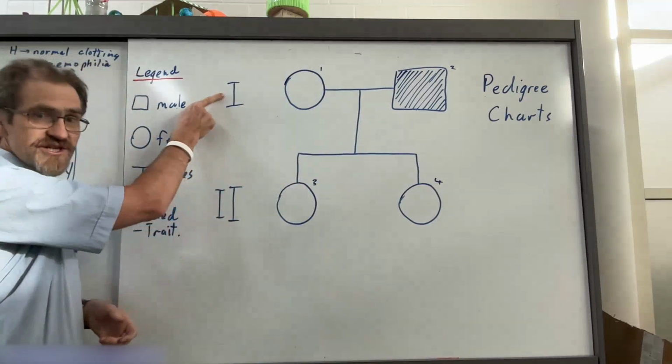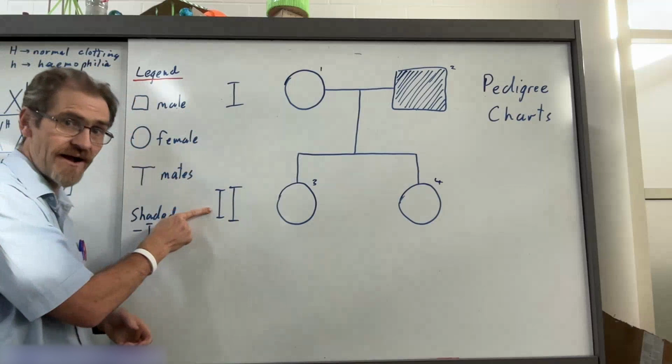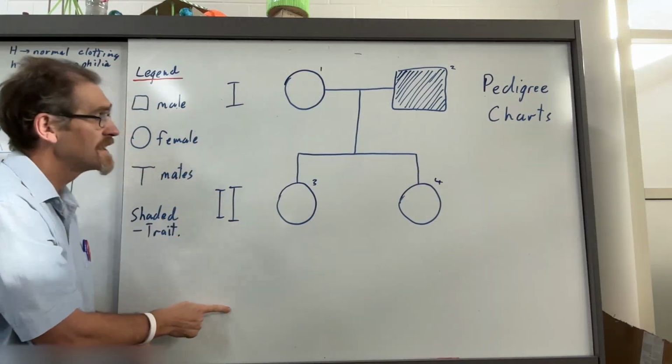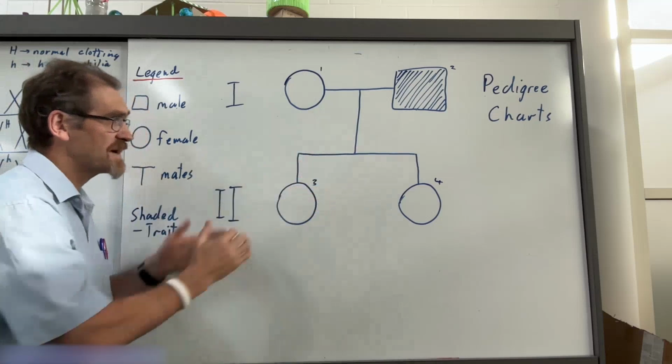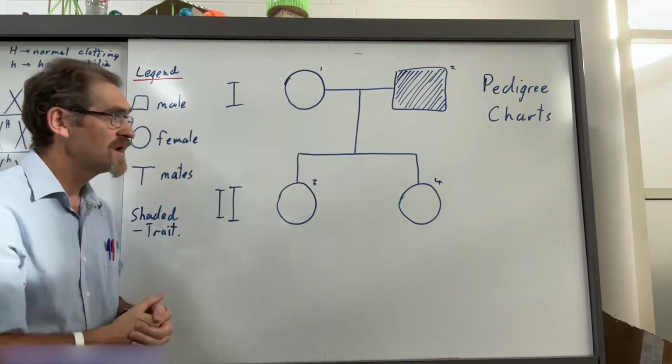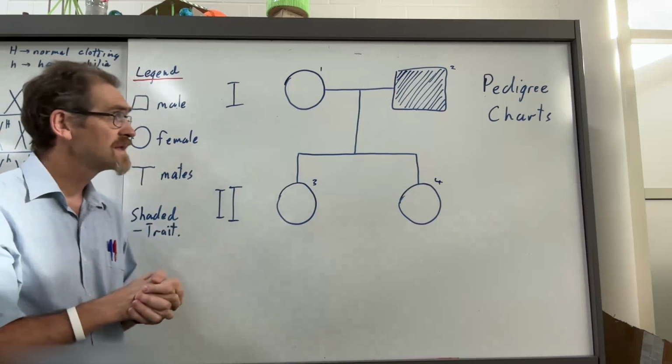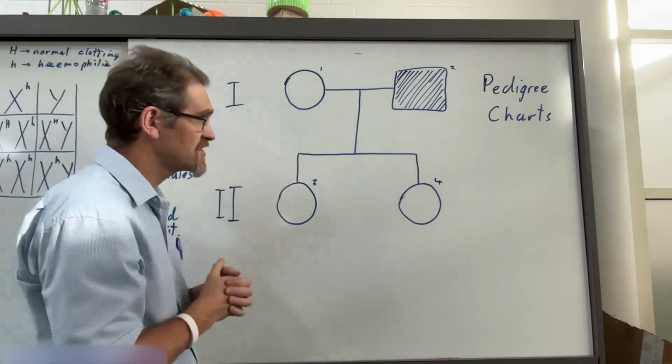We have generation I, the next generation, II, and then of course down here will be a third generation, III. By looking at the phenotypes, by looking at the combinations of these people, we can hopefully determine whether or not this is a dominant trait.